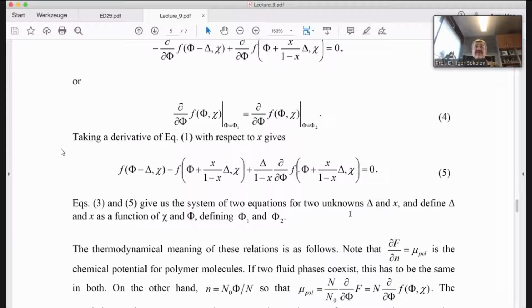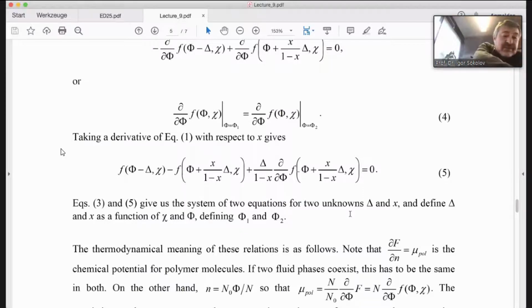The derivatives in phi can be translated into the derivatives with respect to the number of monomers, or if you want, to the number of polymer molecules, because these are simply the number of monomers divided by n, the polymerization degree. And phi is connected with the free energy, because it's a free energy per site. Forget the offset, which does not depend here on anything. Might depend on temperature, but otherwise is fully uninteresting.